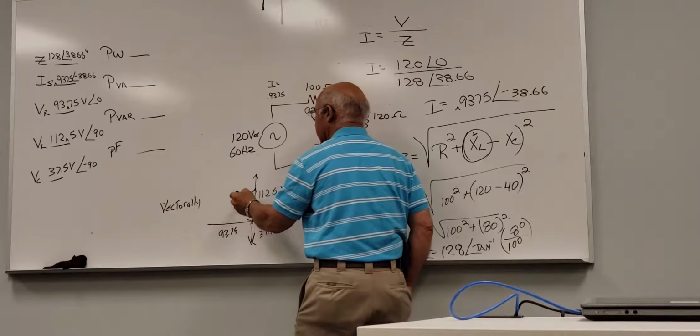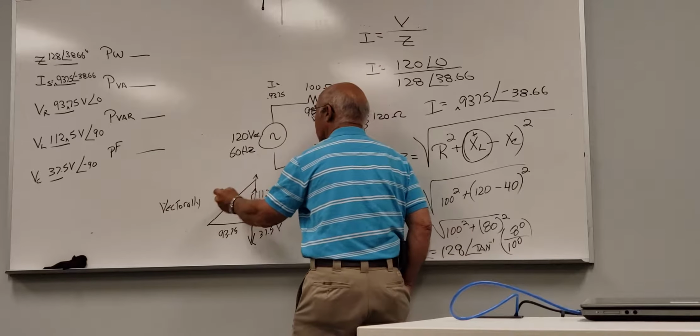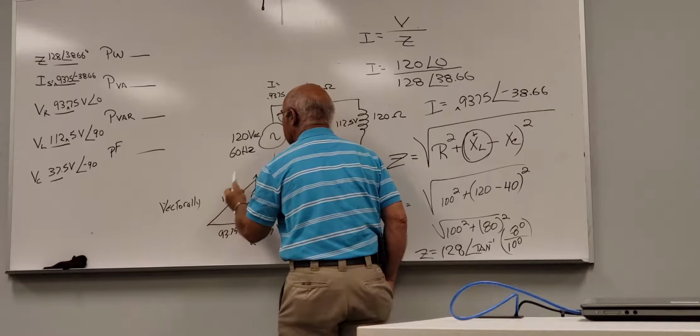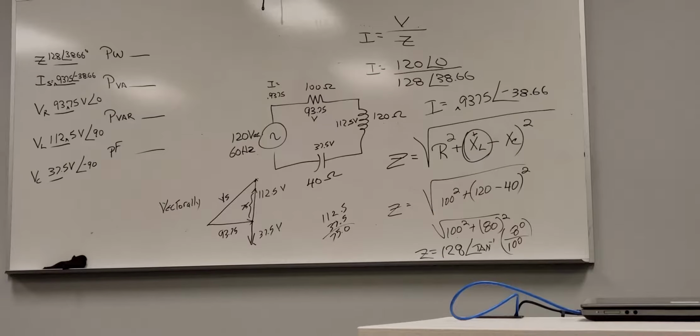And this squared plus that squared will give me this one. That'll be the source voltage. You take 93.75 and square it. I sure hope this works. 93.75 squared plus 37 plus 112.5 squared.